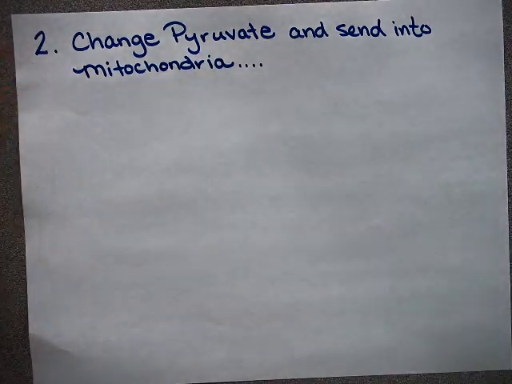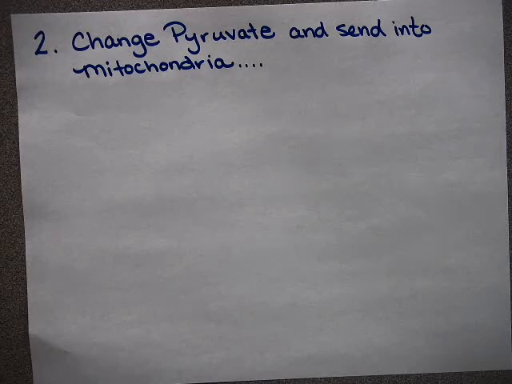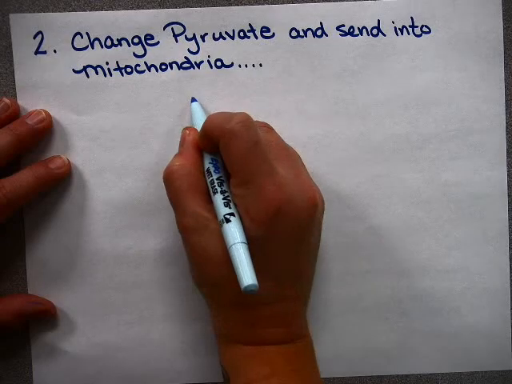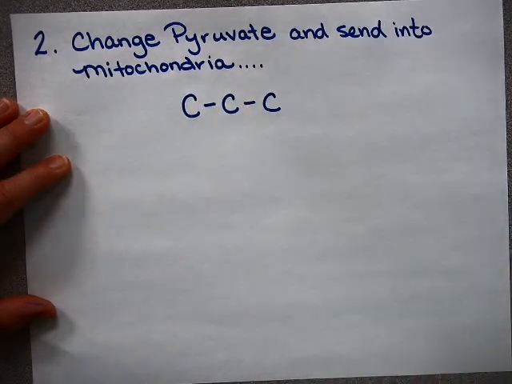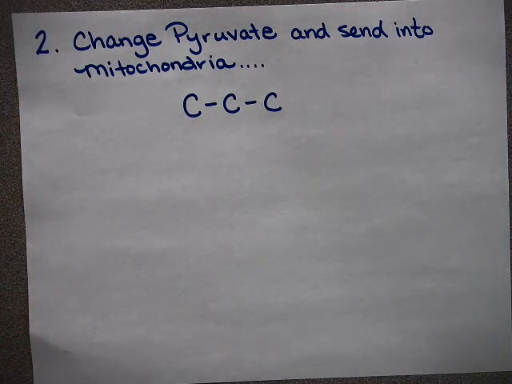So this is just a short little step here. I'm going to make it a little longer though, just for you, because there's some good stuff in this one. So let's just take one of those molecules we just made. Just take one. Yeah, I know we made 2, but let's just take one. It'll be easier that way.